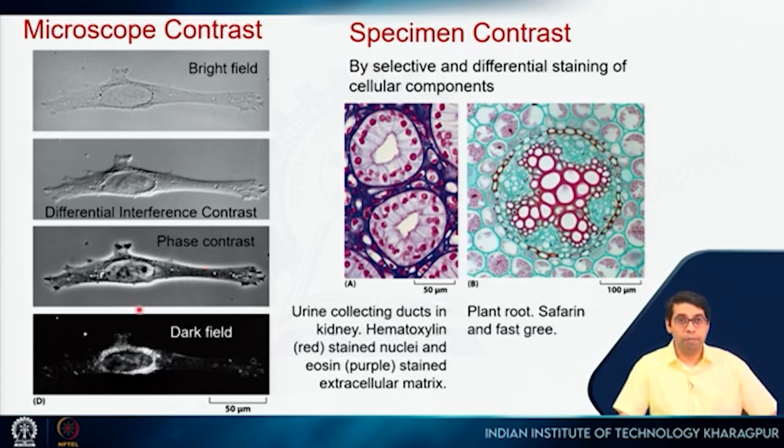So, the same thing will happen if light passes through this cell, then because of the matter that is inside it, the phase of the light will change, and that difference in phase is used to create contrast. So, this is basically microscope contrast, and then there are different ways you can utilize that, and that leads to this bright field image or differential interference contrast image.